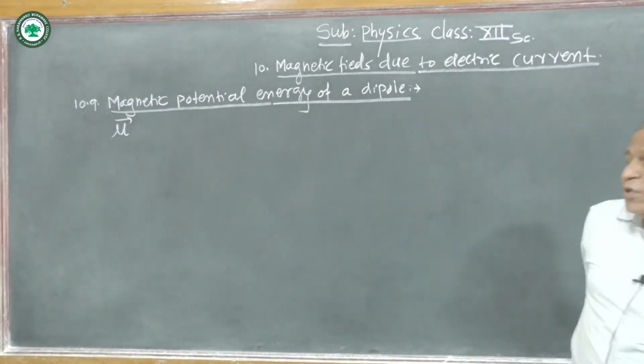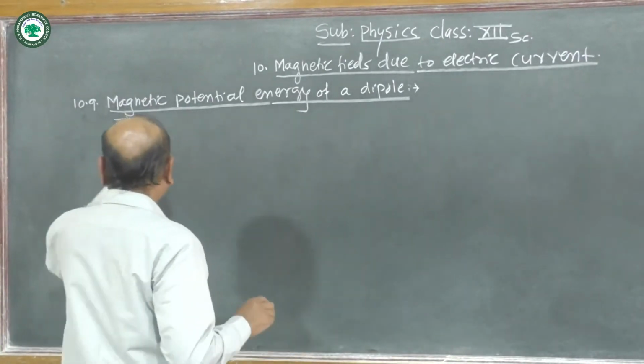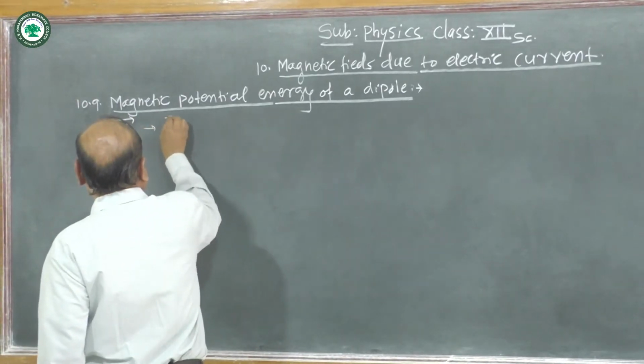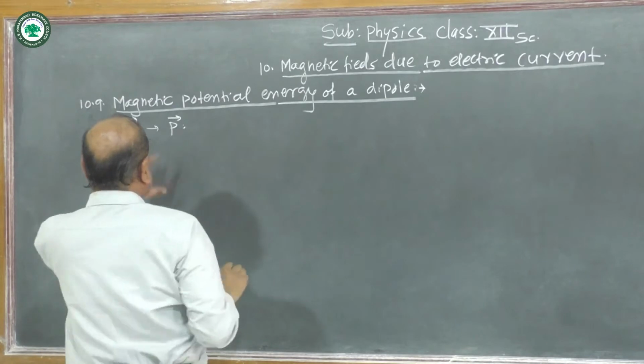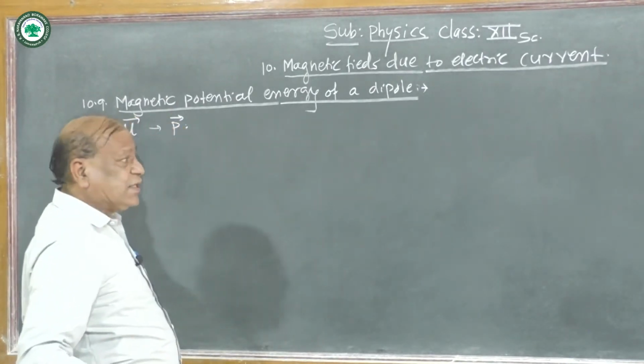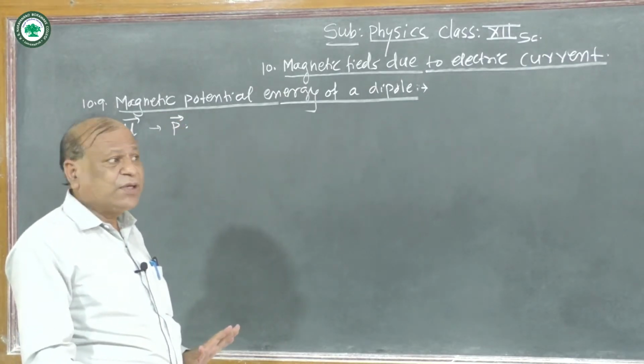Now this magnetic dipole moment is analogous to the vector p bar, which is the electric dipole moment. Mu is the magnetic dipole moment and p is the electric dipole moment.